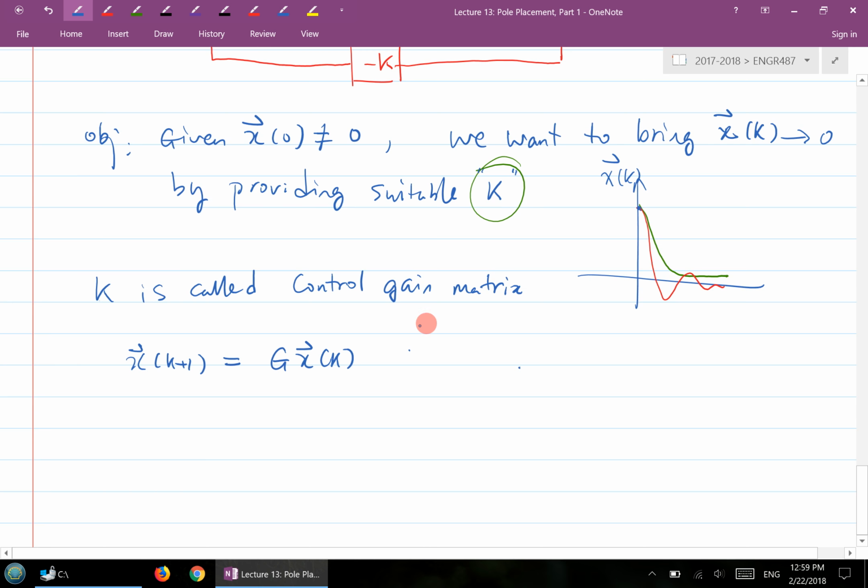Replace the u with negative k times x of k. So here is the new equation. Take out the common factor, which is g minus hk, and then x of k.